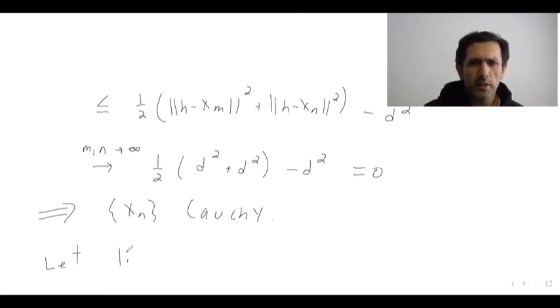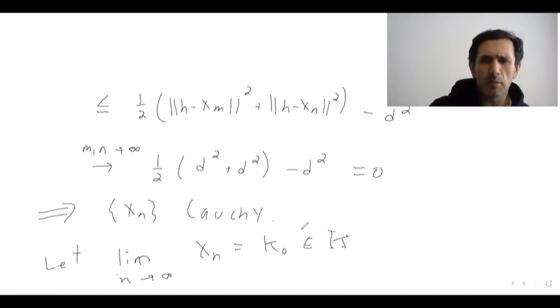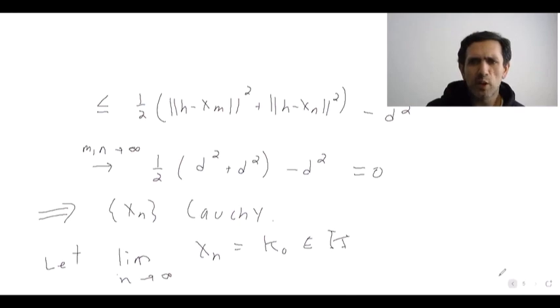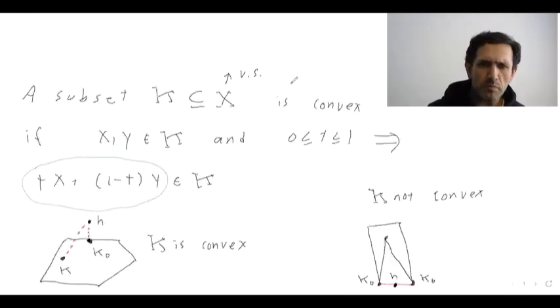So let's call this K0, and because big K is closed, K0 is in big K. So I should make clear that certainly K0 might not be in the set if it's not closed.